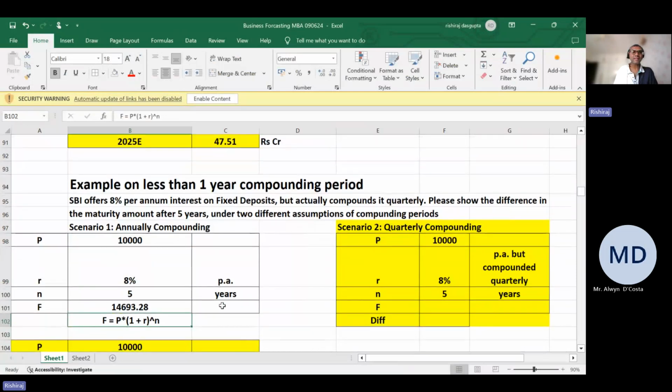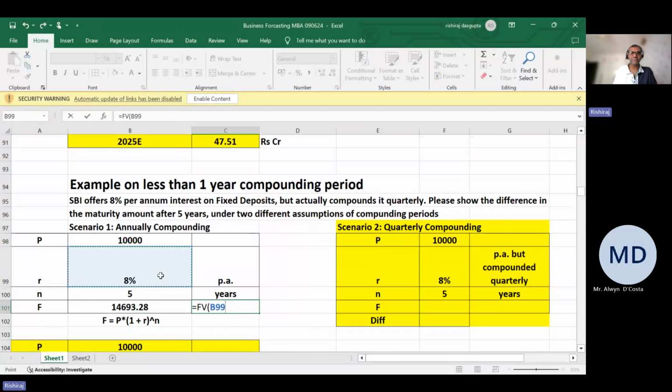Now the same answer we can achieve using the future value FV formula. The rate is 8% per annum. Period is 5 years. PMT payment is ignored, comma, comma. And present value I put as minus because as if I am investing from my pocket, it is a negative cash flow from my pocket. So minus 10,000. So the future value is 14693.28.